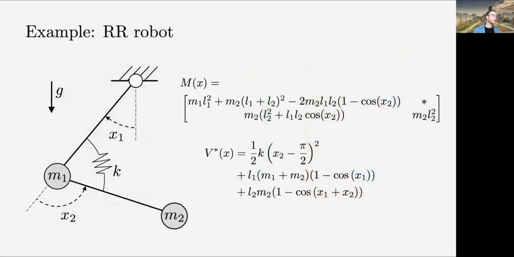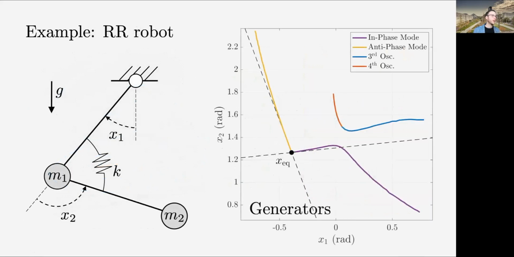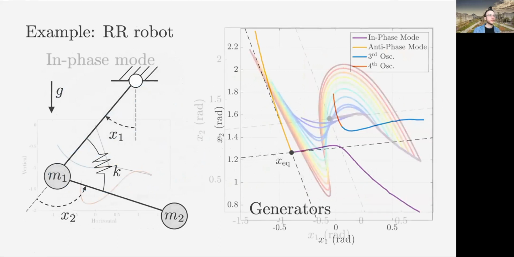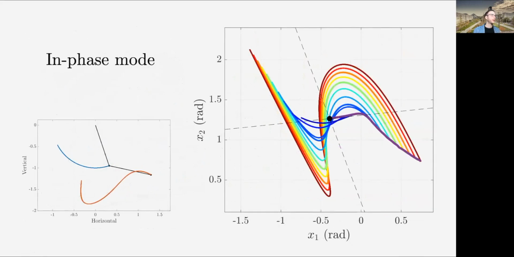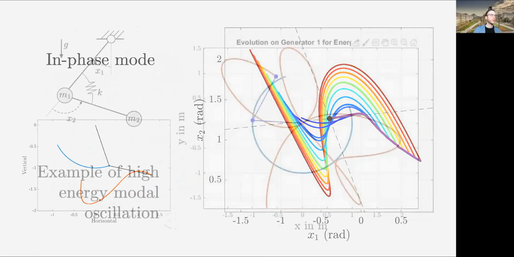Using this definition, we can look at complex systems like this double pendulum with some elasticity, and identify extensions of modal oscillations of the linear case in strongly nonlinear regimes. You can see here, for example, for in-phase oscillation, a collection of modal oscillations according to our definition.